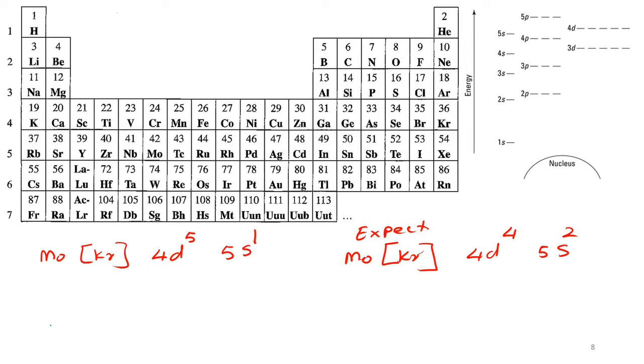Remember, for the previous element, niobium, we wrote the electron configuration as krypton 5s1 4d4. So if not, I will rearrange it in the other order.